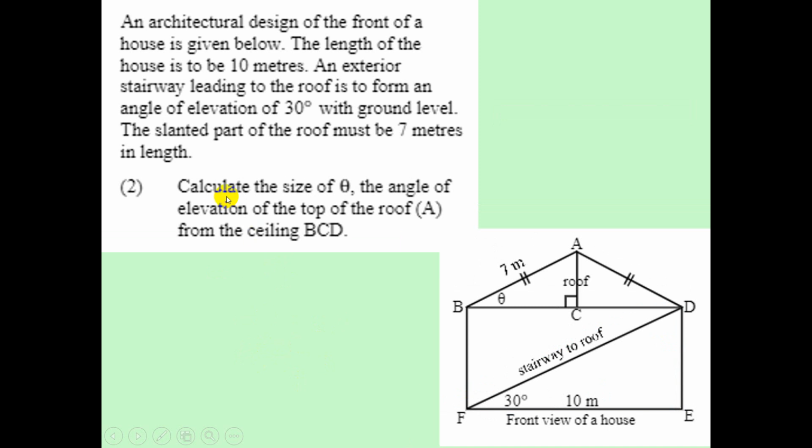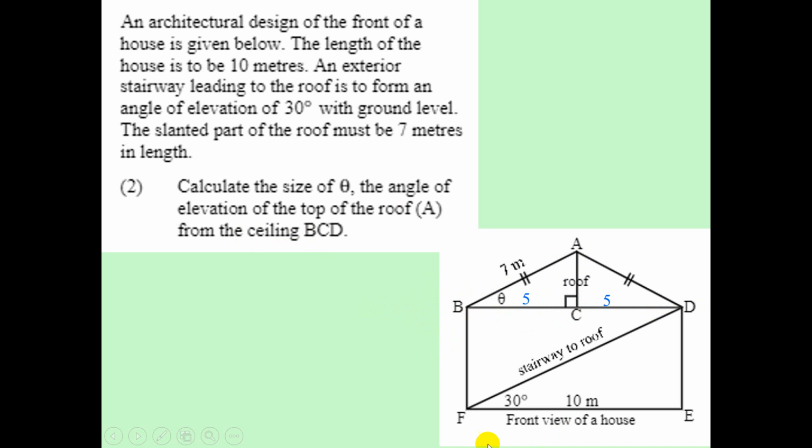We're going to move on to the second part of this question. Second part of the question says, calculate the size of theta, the angle of elevation of the top of the roof A, from the ceiling BCD. So we're looking at the horizontal BCD, and they want us to find angle theta. Now, let's zoom into triangle ABC.